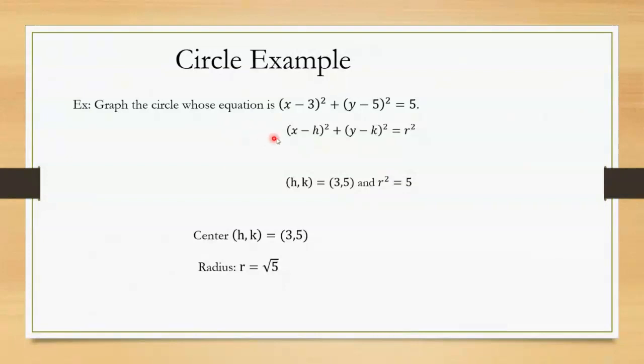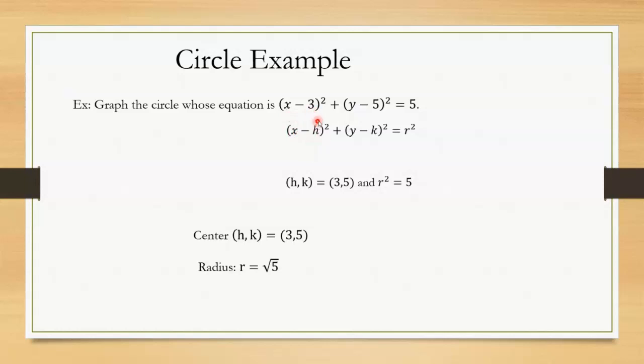Okay, so let's do an example, then we'll do some others where I will let you try them. So for instance, if we were to graph this circle here, right? I put the standard form below it, but hopefully you can see by comparing that we could take h to be 3, x minus h, x minus 3.